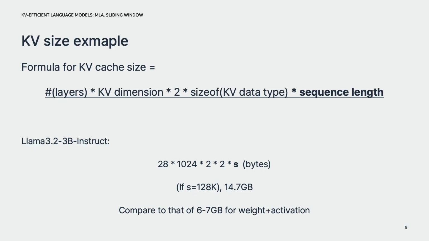In this case, KV cache is 14.7 gigabytes. You may think that this is not large, but what you have to remember is that this model is a small model. This 3 billion model will account for 6 to 7 gigabytes for weight and activation. So the KV cache size is about twice that, so it is not negligible.